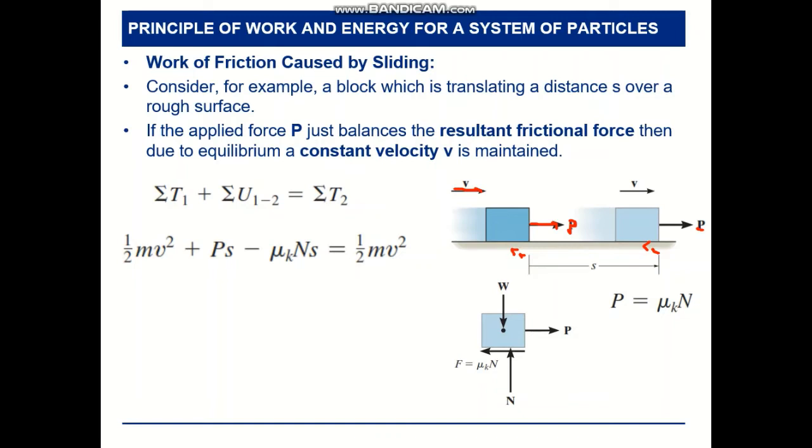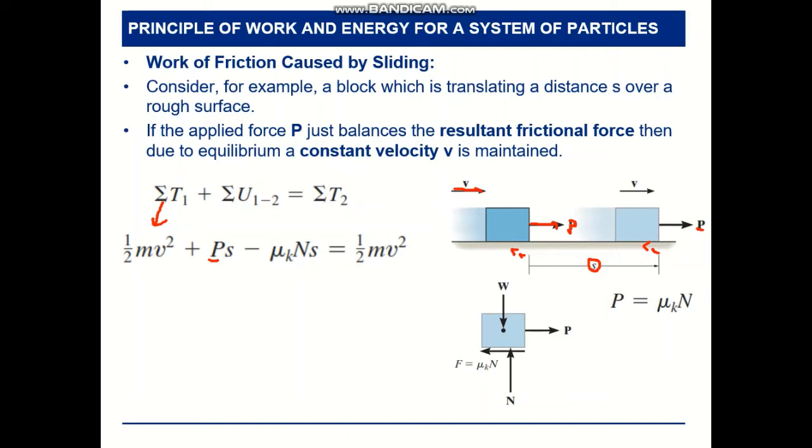In this case, our initial kinetic energy is 1/2 m v squared. We know that P is a force acting on this body, P times s, from S1 to S2, which is delta s, is going to give us the energy change.